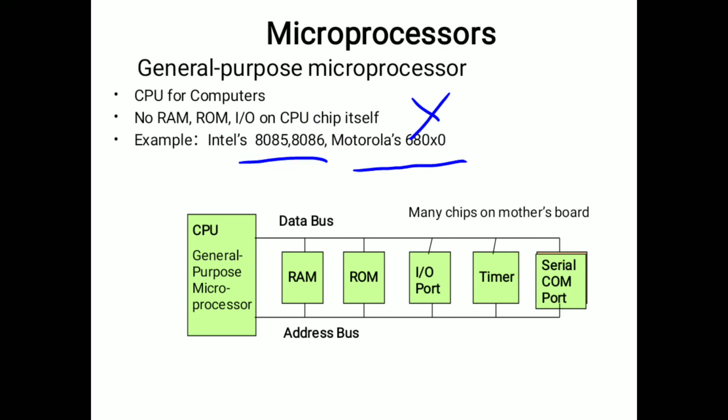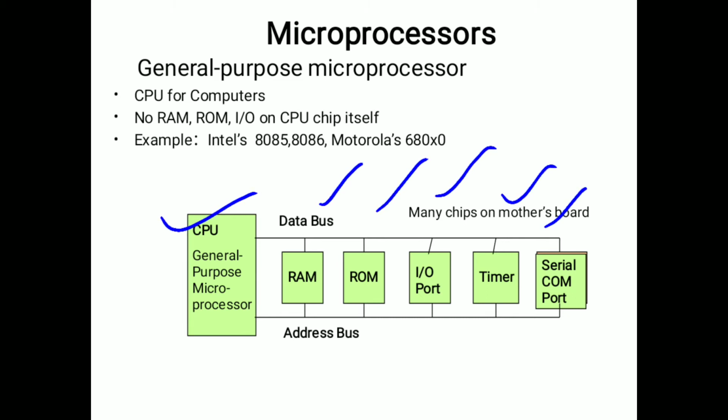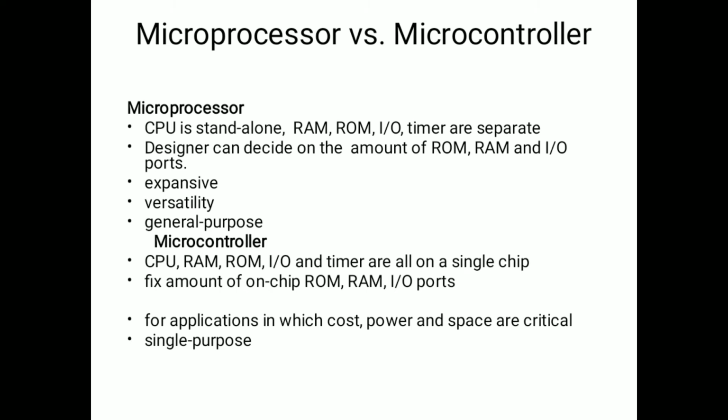If we talk about the internal architecture, here you can see a CPU, and then RAM, ROM, IO port, timer and serial port. They are connected externally on the motherboard to the general purpose microprocessor. Now what is the difference between microprocessor and microcontroller?